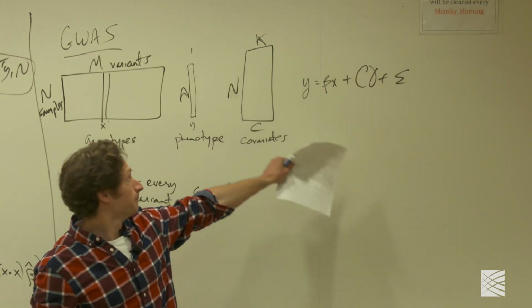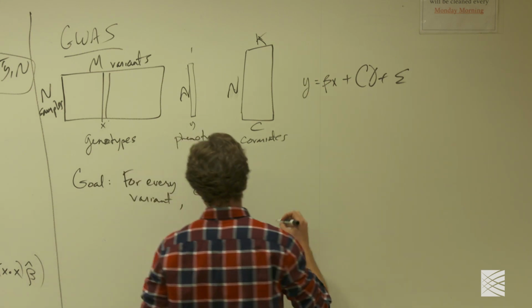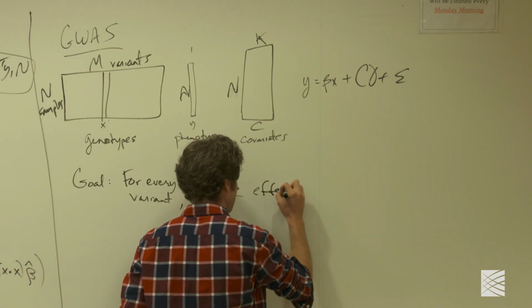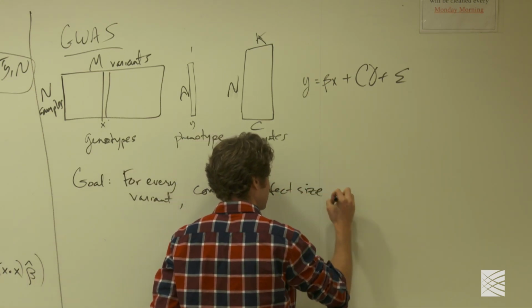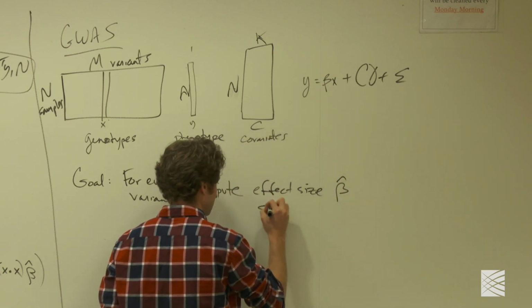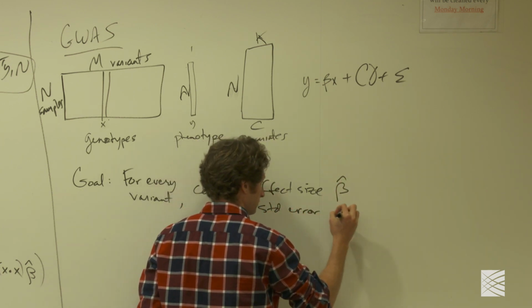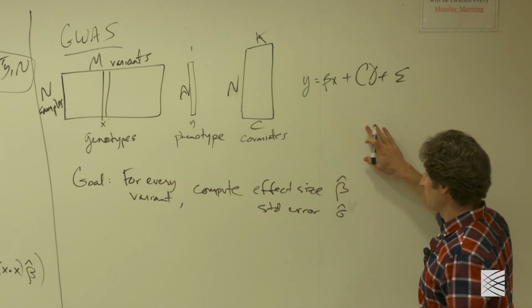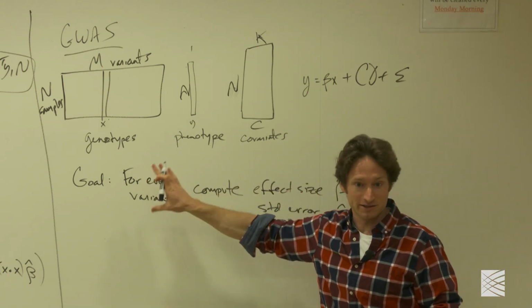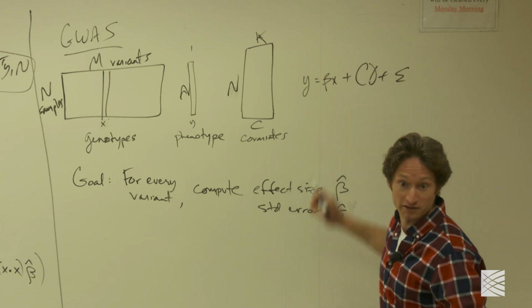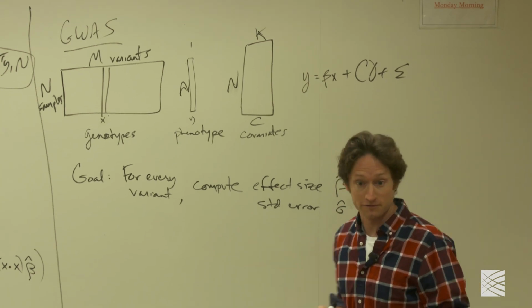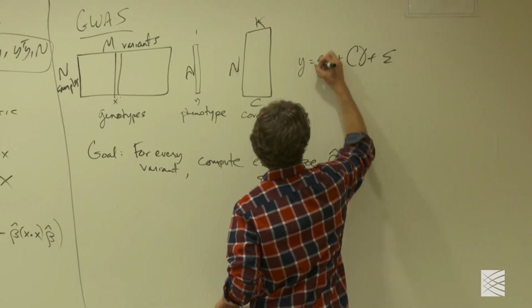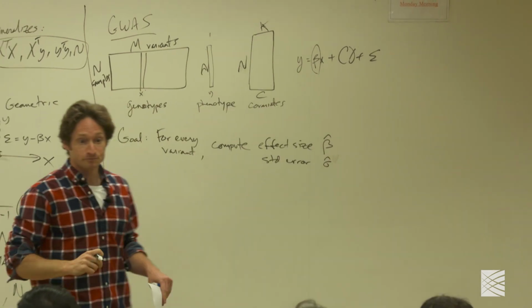And beta is just a number. So the numbers we want to compute are the effect size, beta, and the standard error. Just like before, but we have to do this for millions of variants, and in every case, we want to control for these other confounders. So this is the key piece we want to compute.